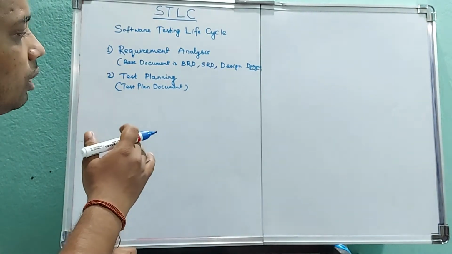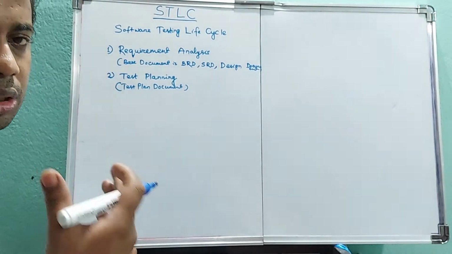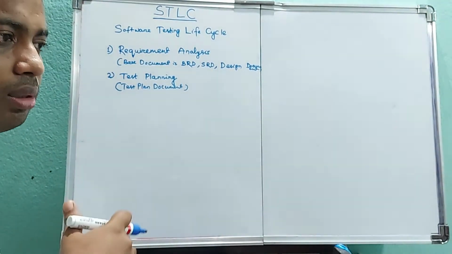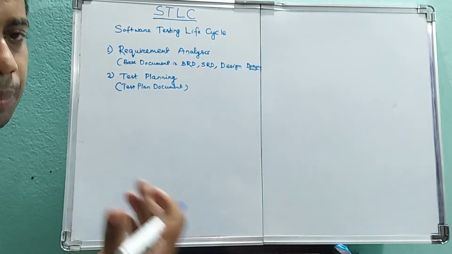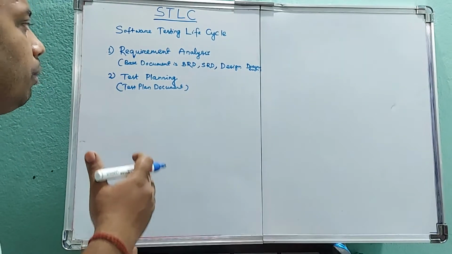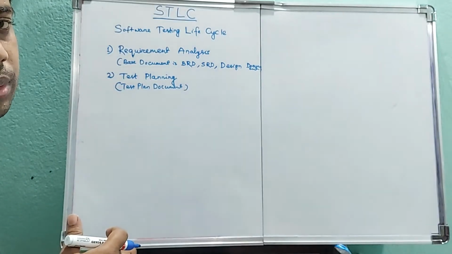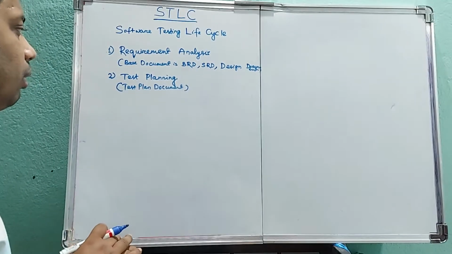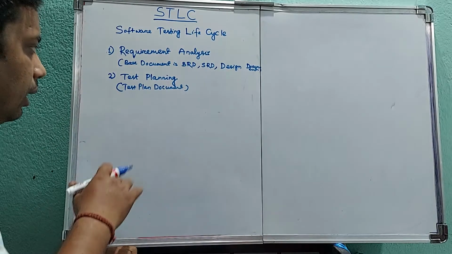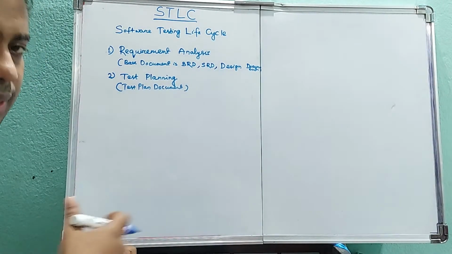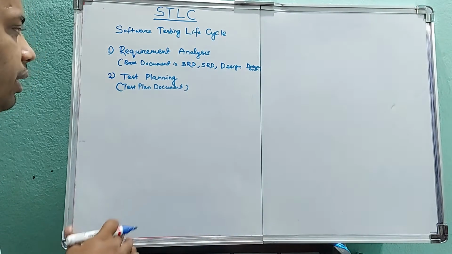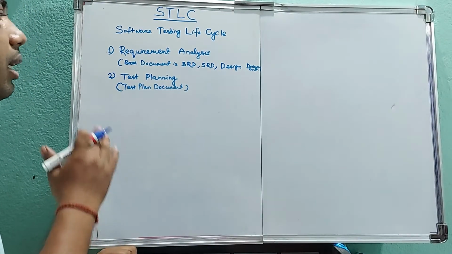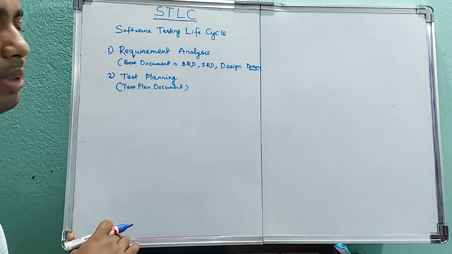This should be included as a part of test planning. The resources required, like software resources, hardware resources, and people, should all be mentioned in the test planning document. So in test planning, we create a test plan document as the delivery of this phase. This is the second phase of the testing life cycle.